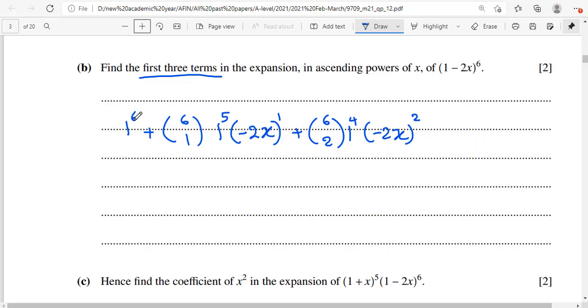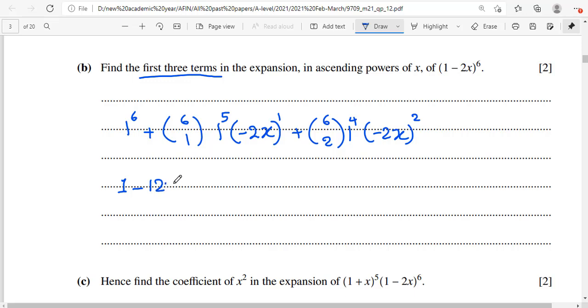To simplify this, 1 power 6 is still 1 plus combination from 6 to 1 is 6. Then 1 power 5 is 1. 6 times 1, 6 times negative 2, that's going to be negative 12.